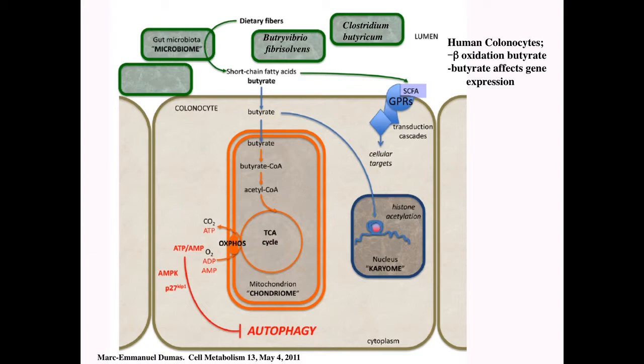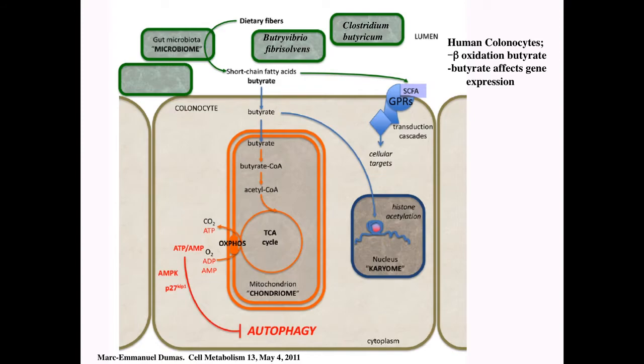source, that butyric acid actually has multiple effects on gene expression inside of the cell. So butyric acid can interact, as it's shown over there on the right, with G protein coupled receptors to change gene transcription inside the cell. As a matter of fact, most of the genes of the TCA cycle, the Krebs cycle, are upregulated based on signals being received from butyric acid in the environment.